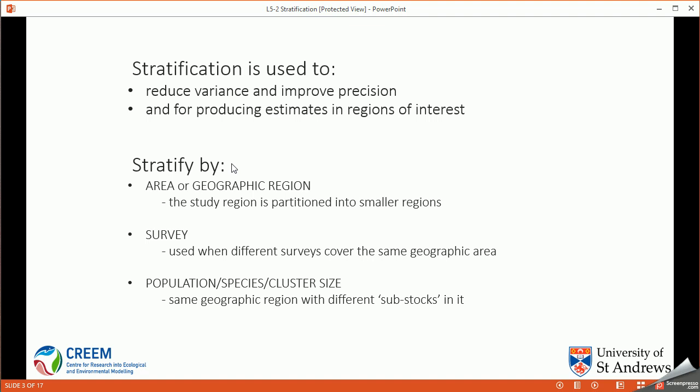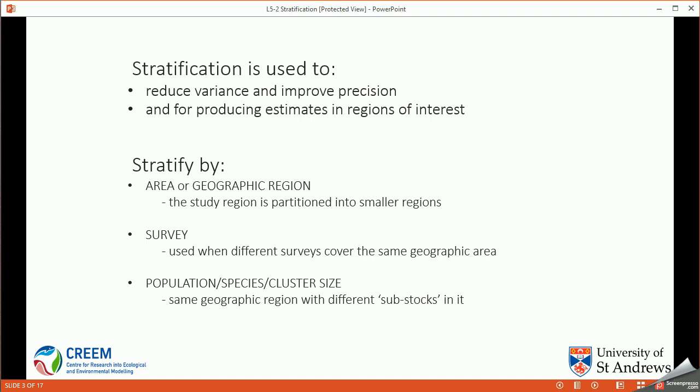So the three ways you can stratify are by area or geographic region. This is typically when density varies in space: you divide space up into strata and do stratified estimation within each stratum. You can also stratify, less obviously, by survey. This is kind of stratifying in time.